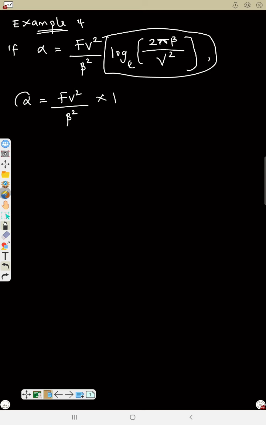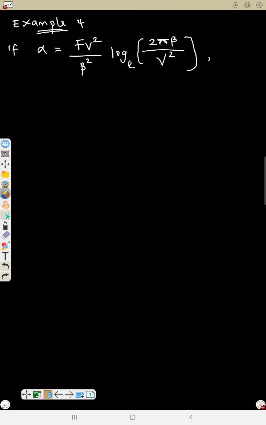So I don't know alpha, I don't know the dimension of beta. That is why I'll consider the brackets first. Everything in this bracket is dimensionless.